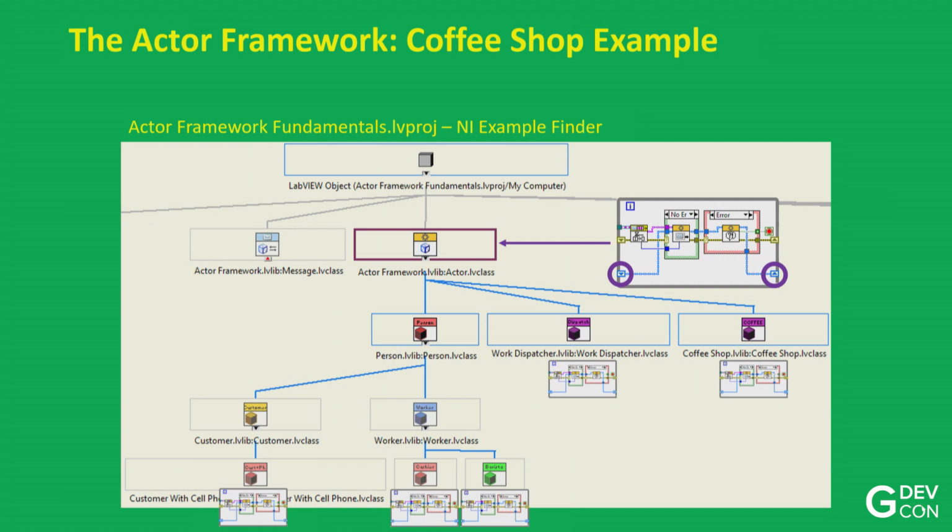So no longer do we need to create a VI, put down a while loop, case structure, and queues, because it already exists in the actor class. So every child class can inherit from it and use an instance of this actor core.